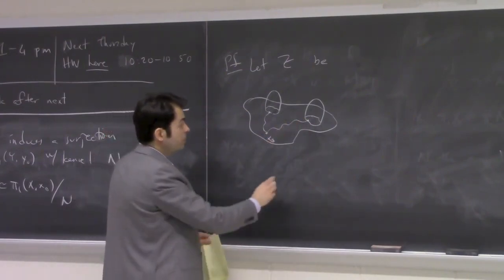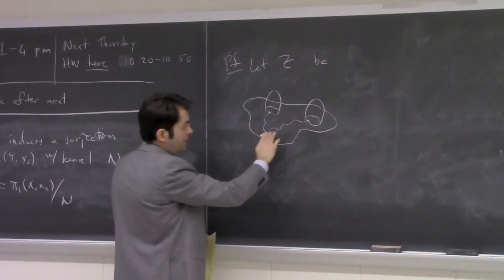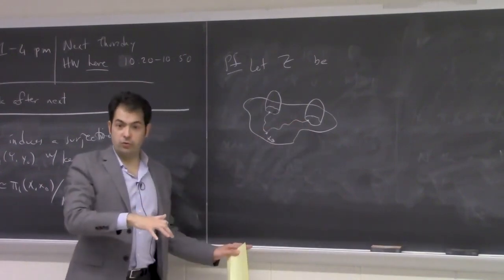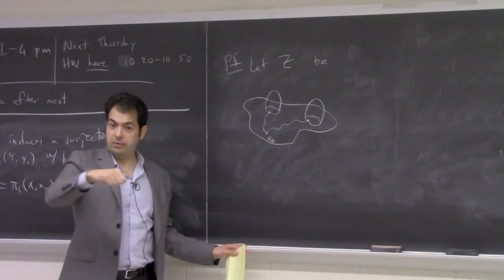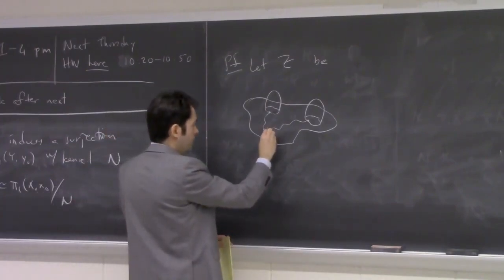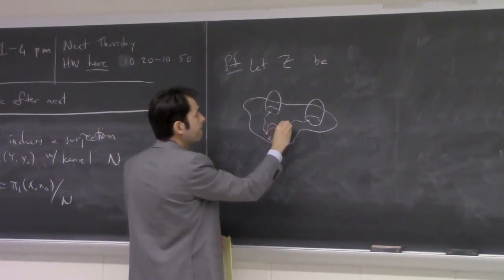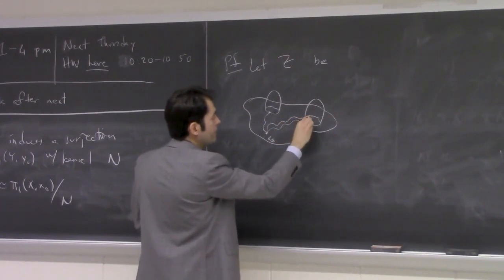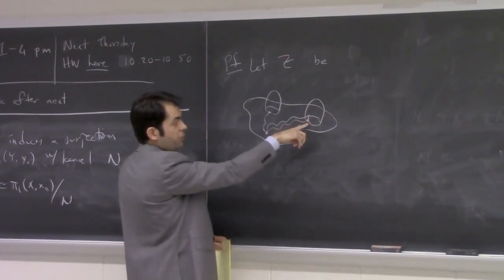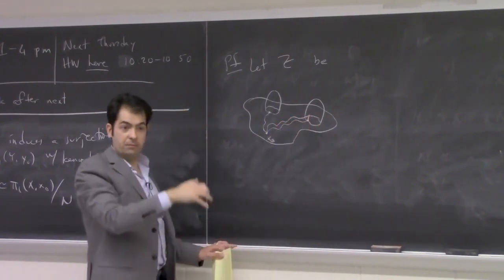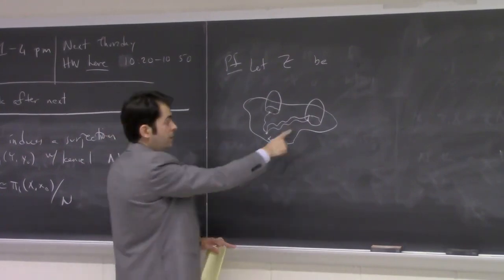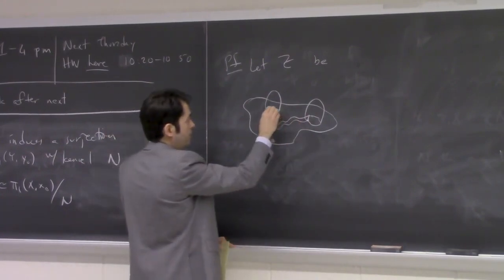So what we're going to do is take this path and thicken it up to a little strip, a little ribbon, if you like. And we're going to attach the endpoint over here onto that bubble, so it's just a little piece sticking up over there. And same thing over here.